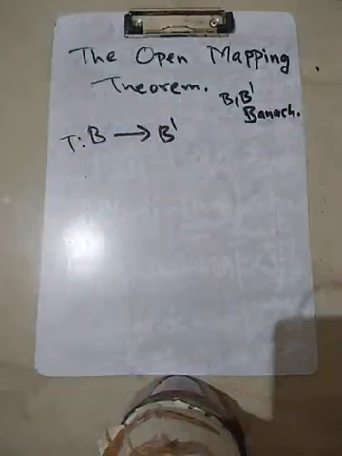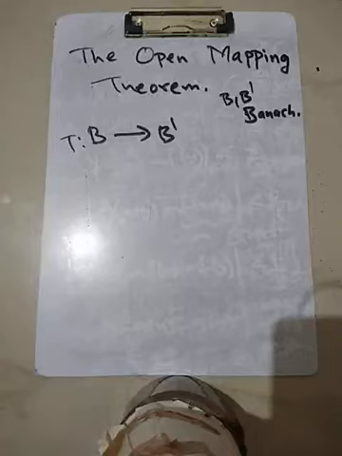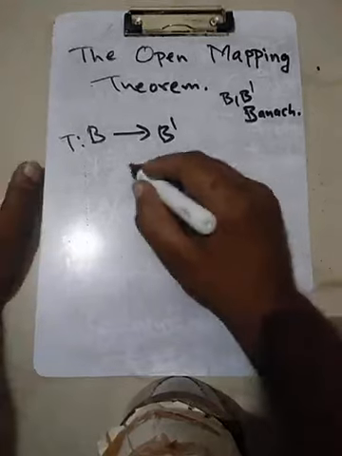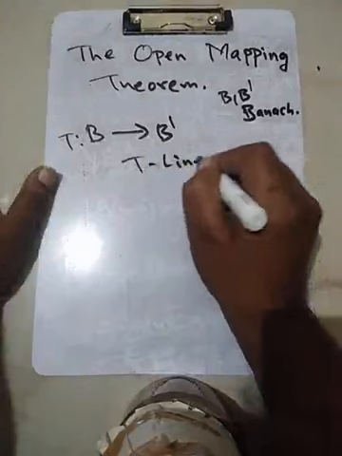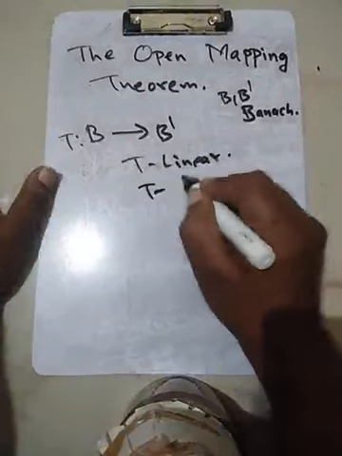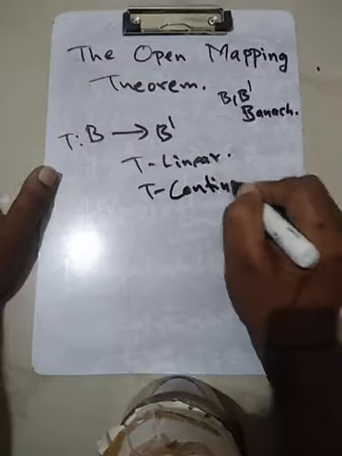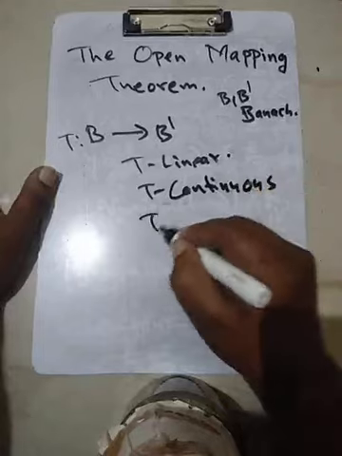If T is linear as well as continuous, and further T is an onto map. Okay. So let's write that: T linear, T continuous, T onto.